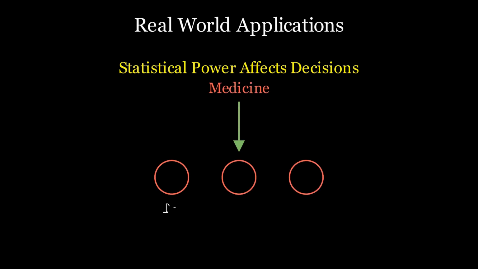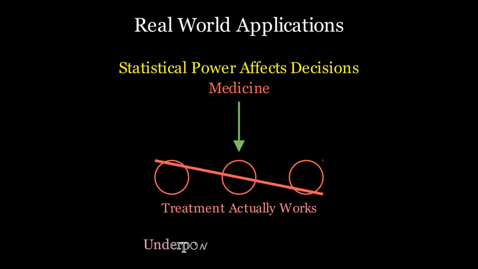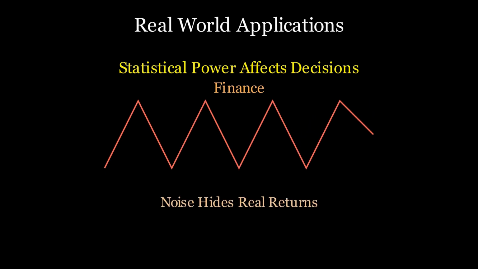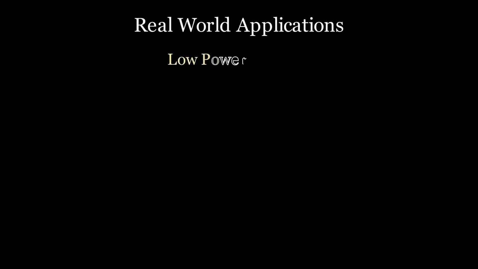In medicine, a treatment may provide real benefit, but underpowered studies can miss life-saving effects. In finance, a strategy may truly outperform, but noisy data can hide real returns. So, across industries, low power can make valuable truth look invisible.